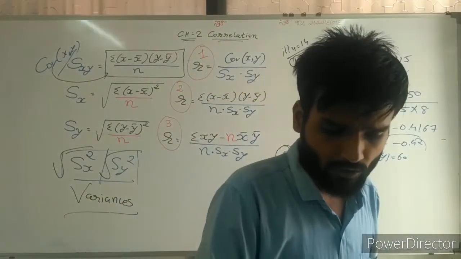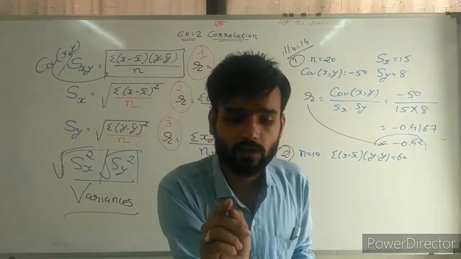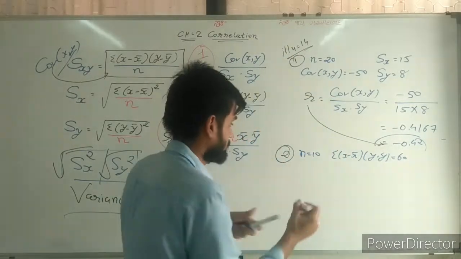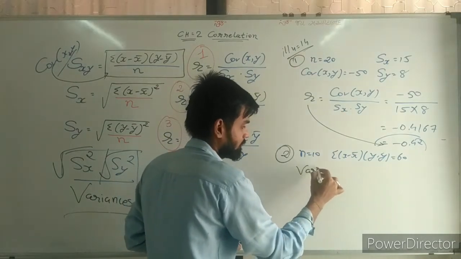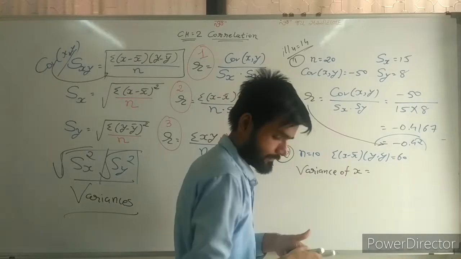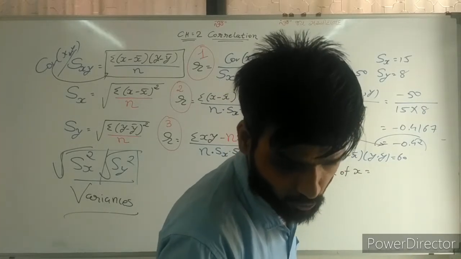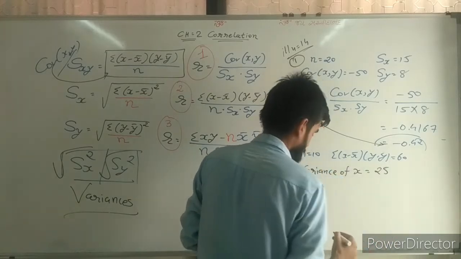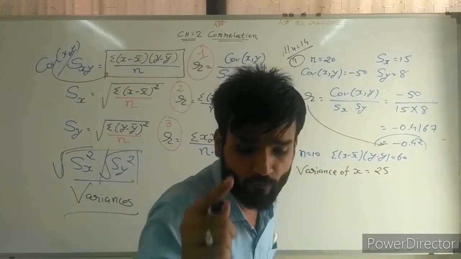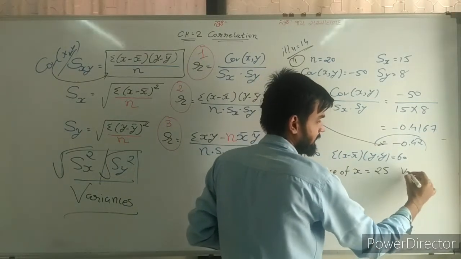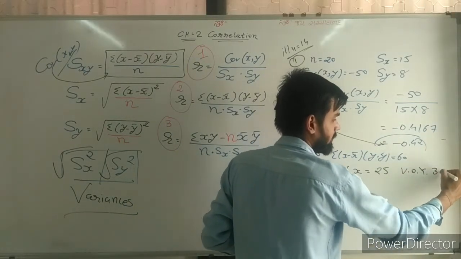Then what is given? Variance of x is equal to 25. In the same way, variance of y is 36.